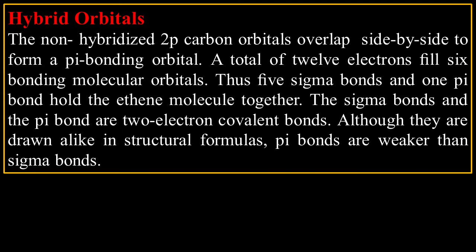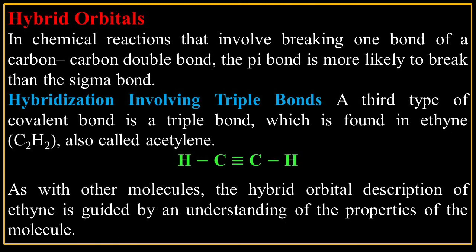Although they are drawn alike in structural formulas, pi bonds are weaker than the corresponding sigma bonds. So the sigma bonds are stronger bonds, such as those in methane. In chemical reactions that involve breaking one bond of a carbon-to-carbon double bond, the pi bond is more likely to break than the sigma bond.